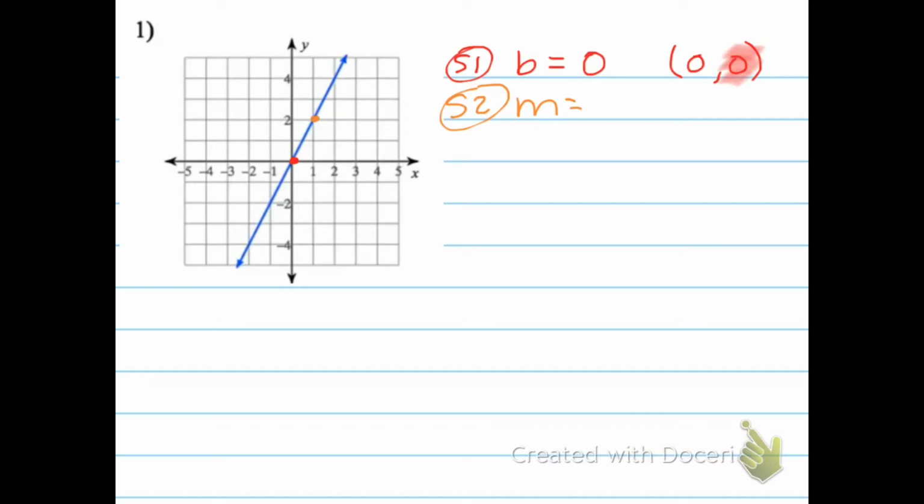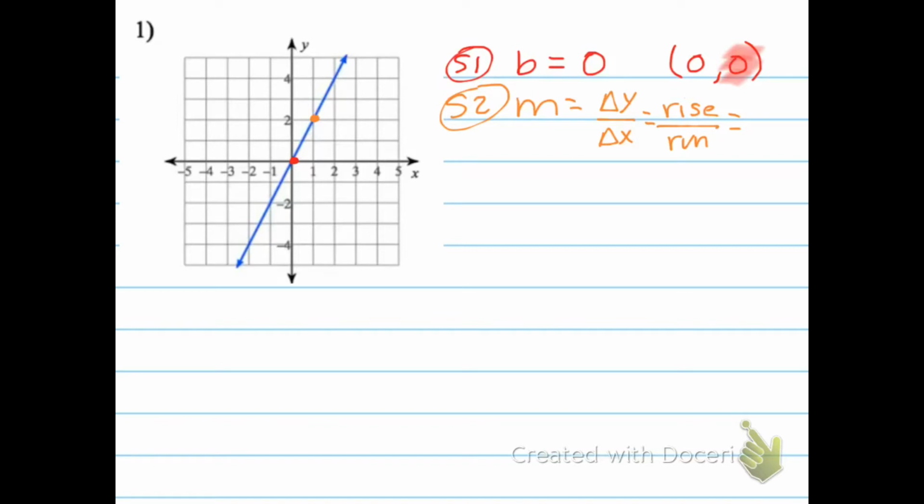Right here, that's a good point. So we're going to go from the red to the orange and see how much we rise and how much we run. Because remember, slope is the change of y over the change of x, which is the rise over run.